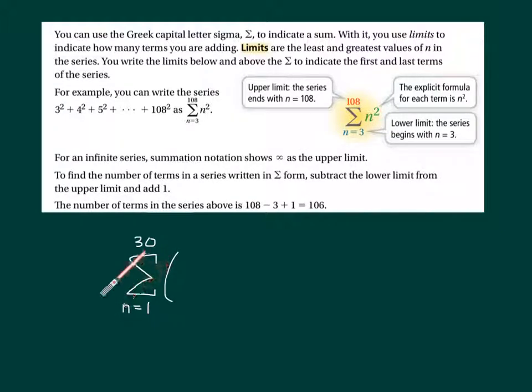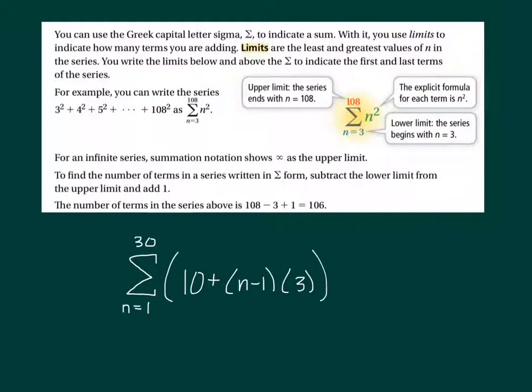And then what you have to put here is what you're summing. So you're adding up the terms from the first term to the 30th term of what? And this is where you would have to put your formula for your series. And ours, using the explicit definition for an arithmetic sequence, was 10 plus n minus 1 times 3.